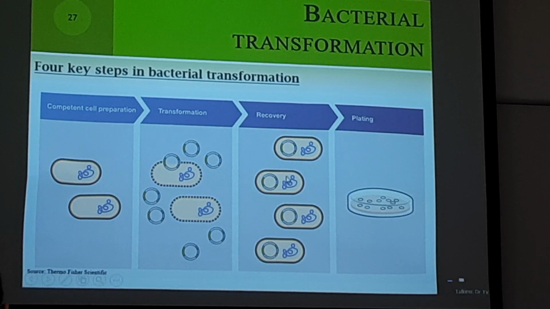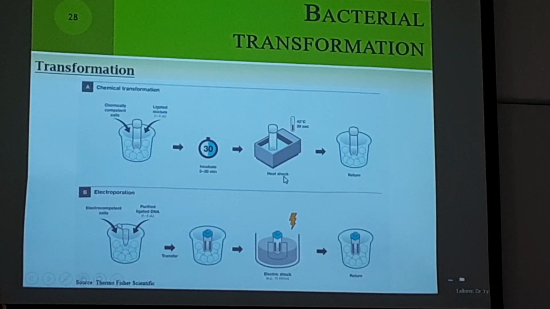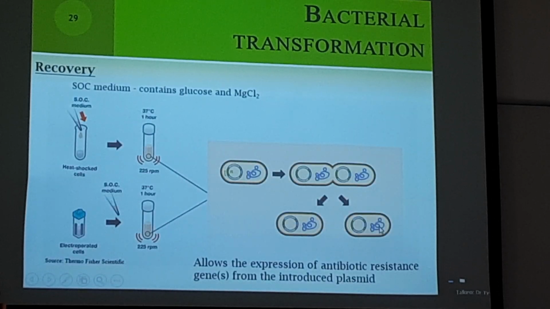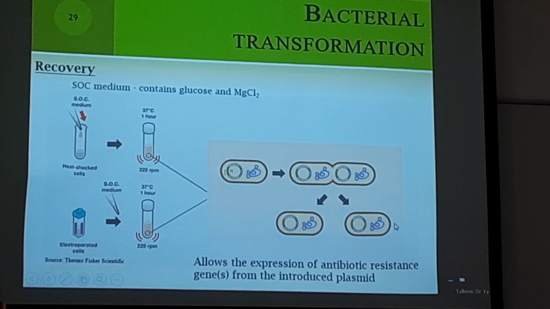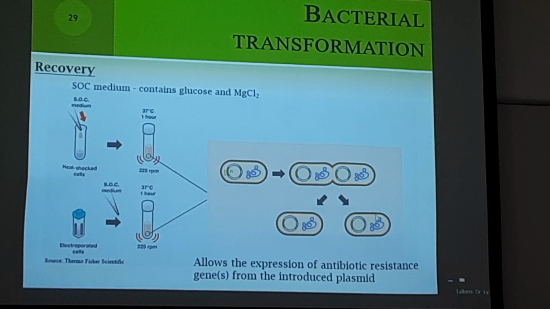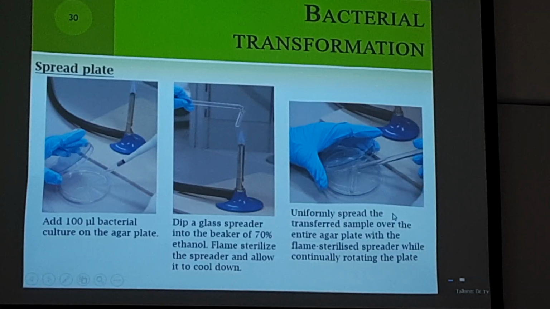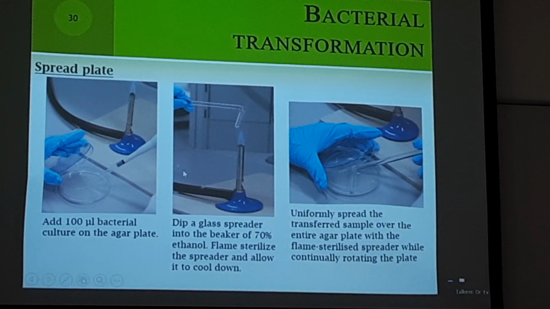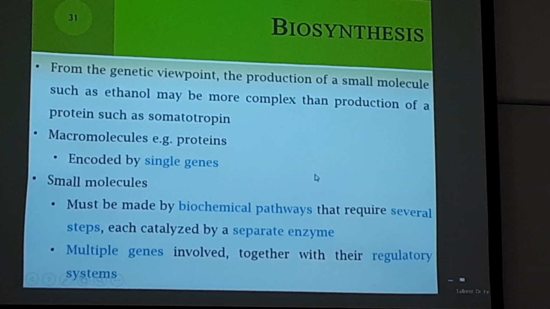Otherwise, they may just die after this stage. You have to give them some break here. Okay, so electroporation, recovery, and then hopefully the DNA will get inside and also incorporate into the genome or stay as a separate plasmid, but they can still do it. Okay, and spread plate, you have really done it by yourself in the lab. Okay, so those are the basic steps.